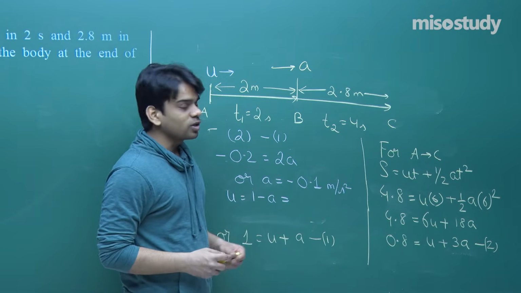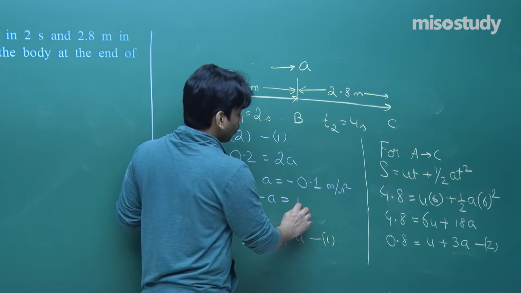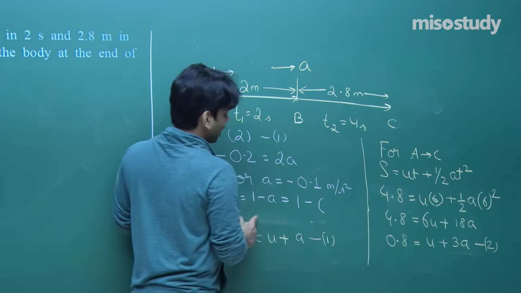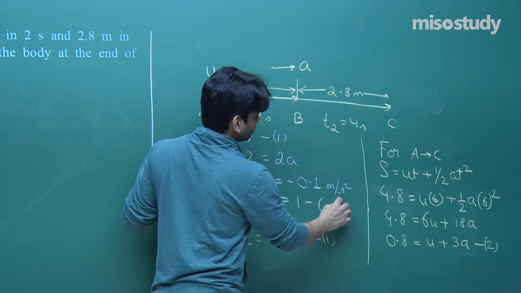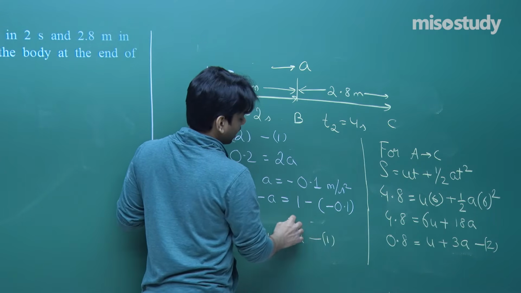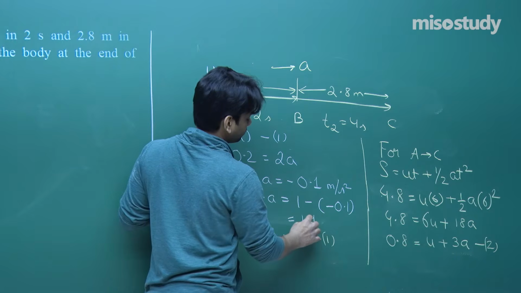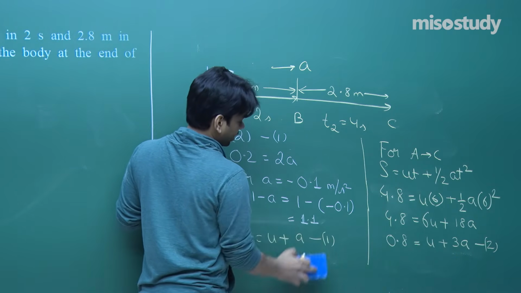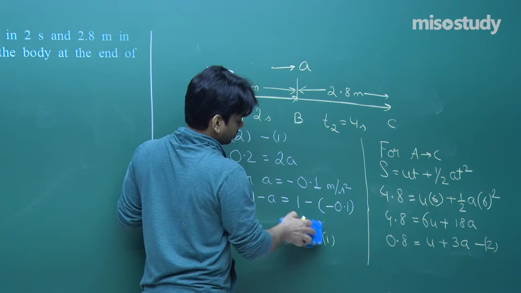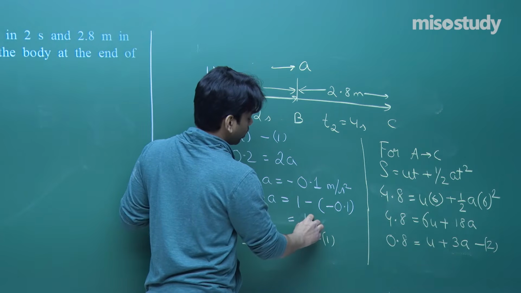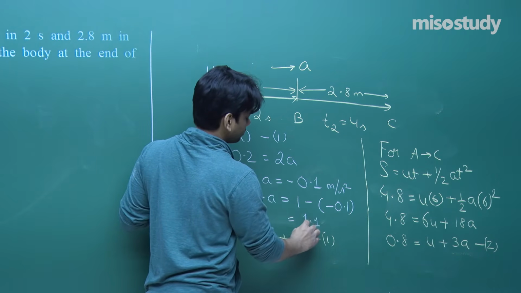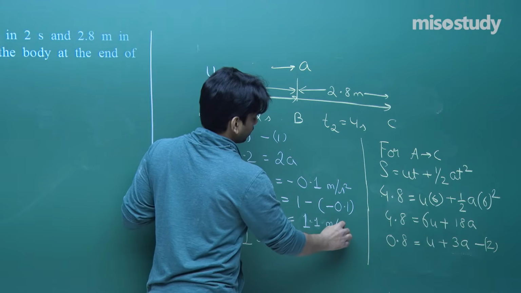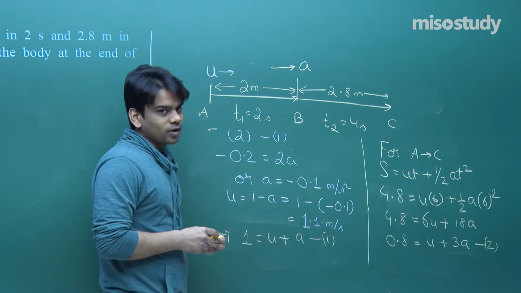Let's try to find out the value of u. So 1 minus, and the value of a is minus 0.1. So you will get u as 1.1 meter per second. I hope that this is quite simple for you all to understand.